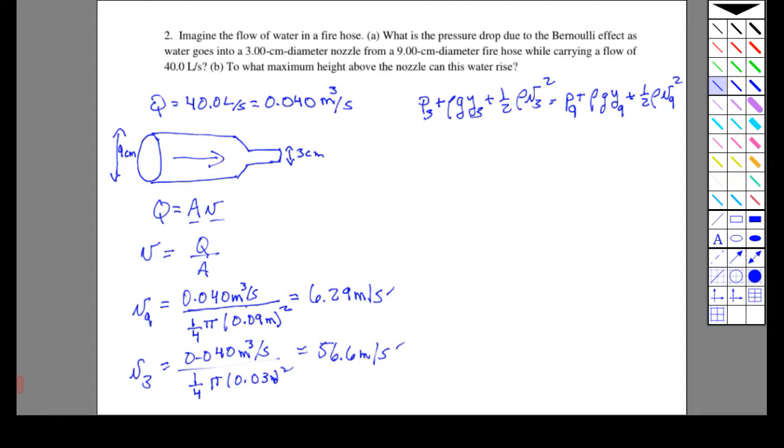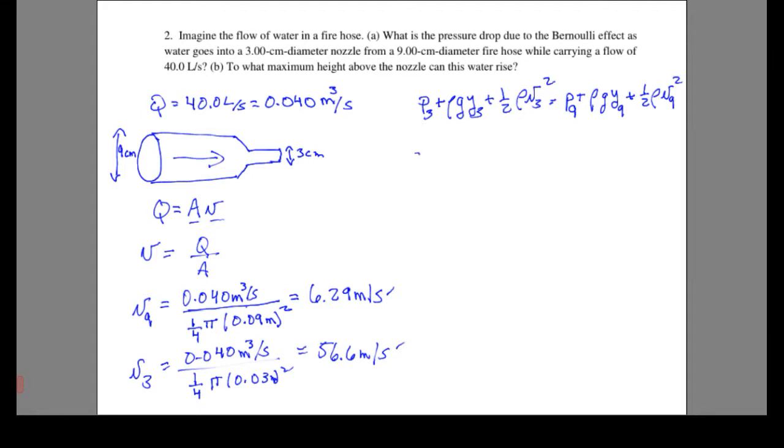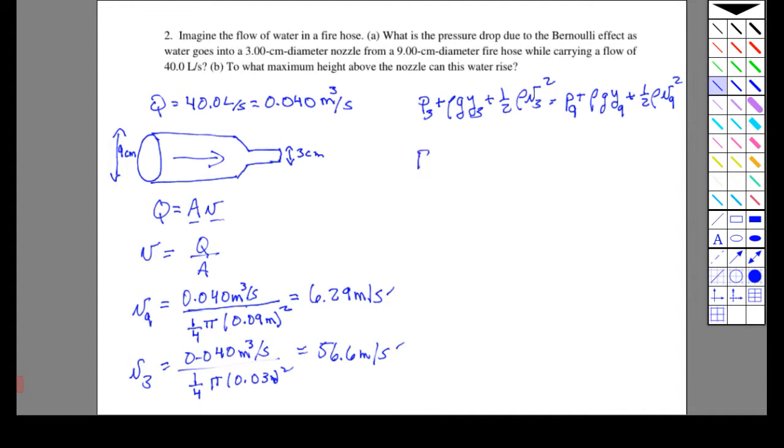What we want is P9 minus P3. We know the pressure in the hose should be greater than the pressure in the nozzle, because the water is flowing faster through the nozzle, there's less pressure. So this change in pressure should be positive.